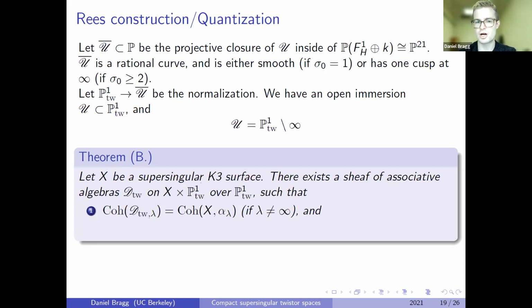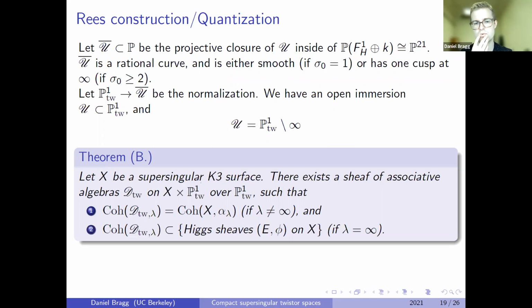And it has the following properties. If you look at a fiber over some point away from infinity, then modules over that sheaf of algebras are equivalent to giving alpha twisted sheaves, where alpha is the class corresponding to that point in the A1, or in the U. But the key thing here is that I've added a fiber over infinity, and that's where the really interesting stuff is going on. And here's one thing you can show.